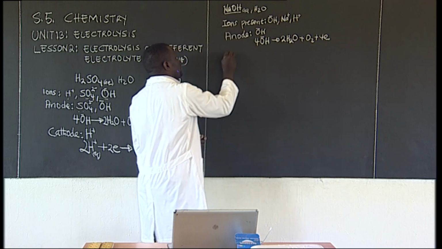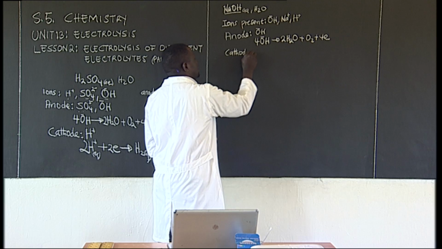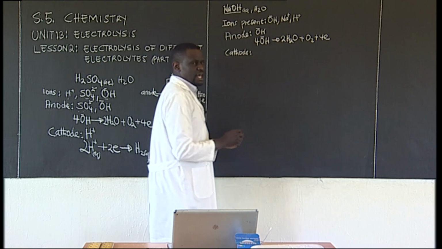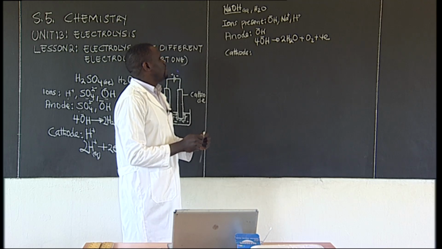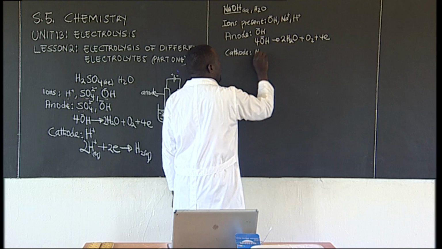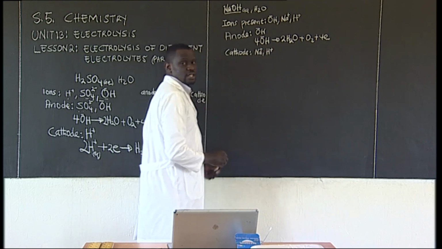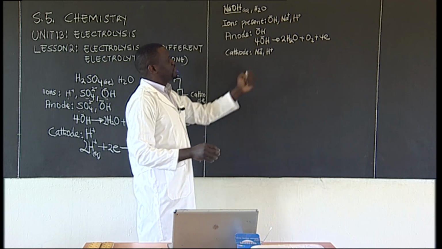So then the cathode. These things are somehow easy to understand if you recognize the charge of the anode and the cathode. So here at the cathode we shall have 2 ions attracted. 2 ions what? Attracted.